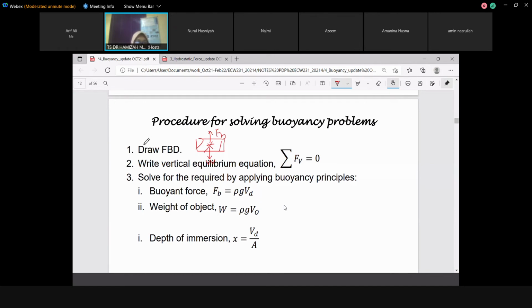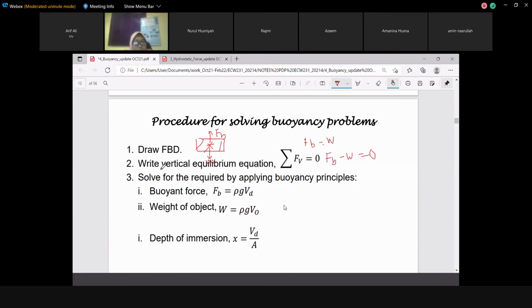Okay, and then we make the assumption that the total vertical force is 0. Why 0? Because FB equals W. Okay, so FB minus W is 0. That's why we assume the vertical force equals 0.